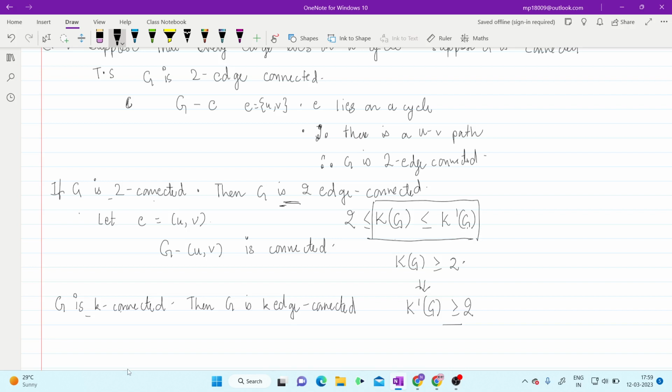If G is K connected, that means kappa G is greater than or equal to K. But kappa G is less than or equal to kappa dash G, which is edge connectivity. Therefore, kappa dash G will be greater than or equal to K. And if edge connectivity is greater than or equal to K, that means G is K edge connected. So is this clear? Yeah. Okay.